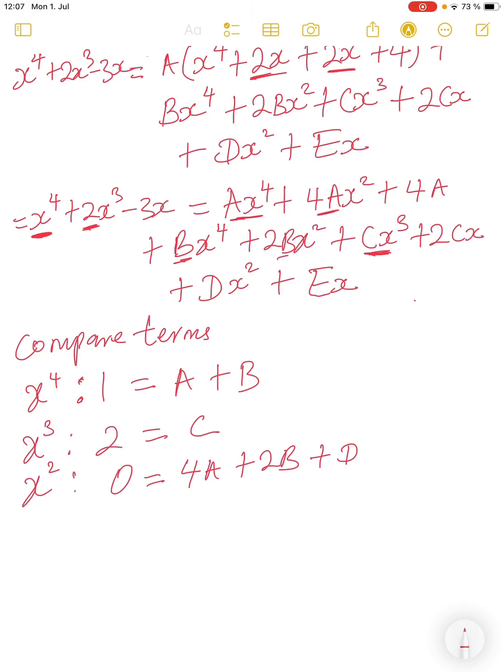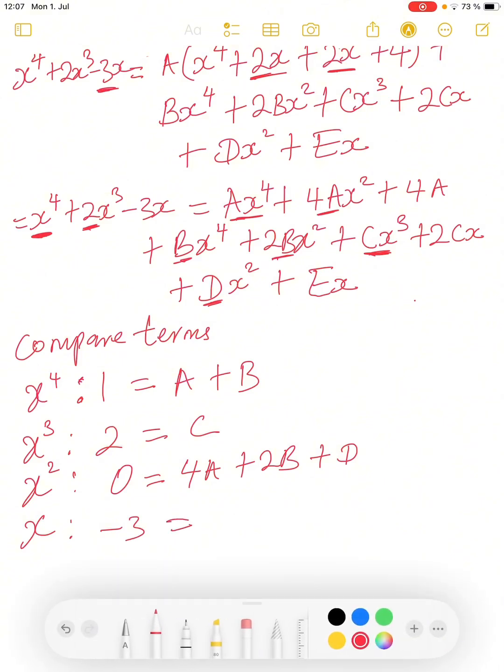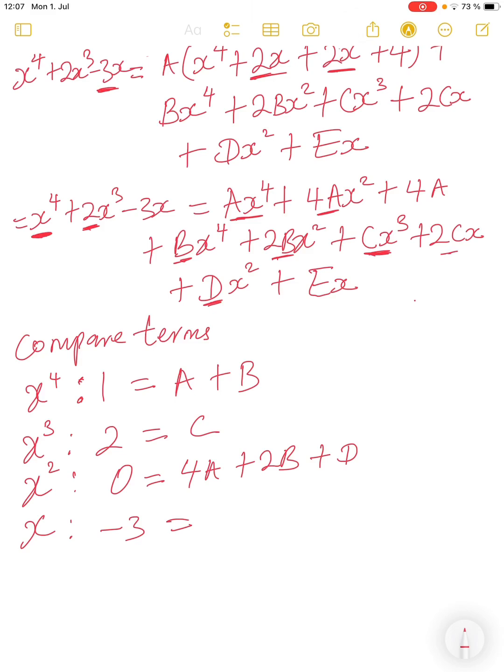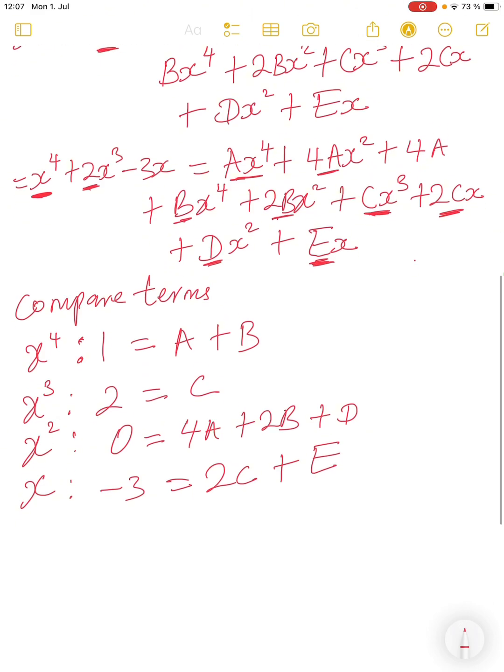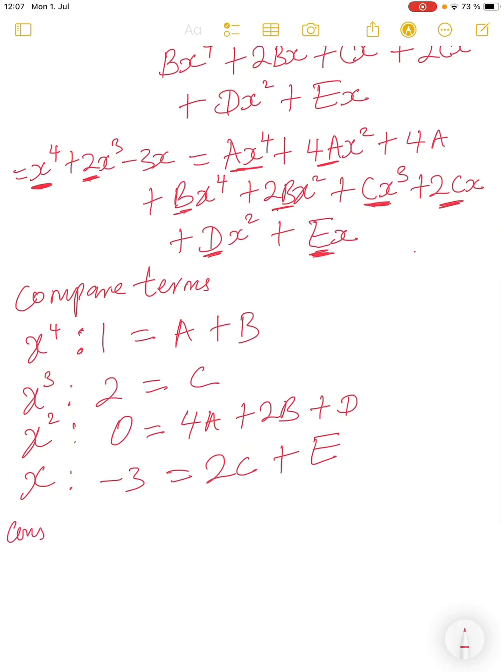For those that have x, we have minus 3 equal to 2c plus e. For constants, there is no constant here, so we have 0 equal to the only constant here, 4a.